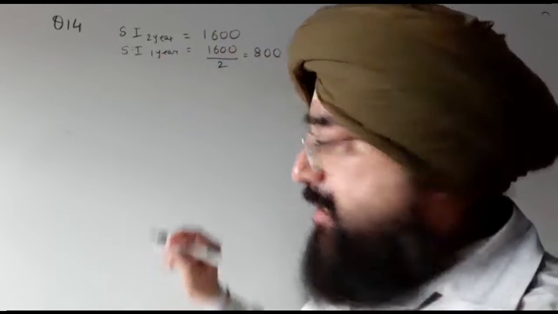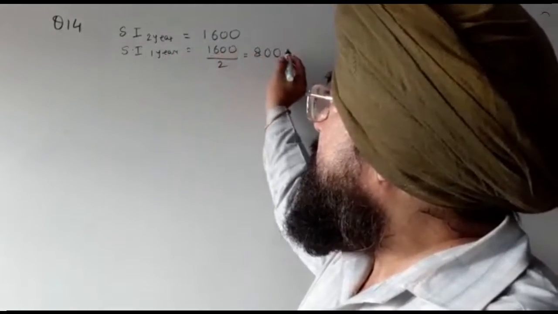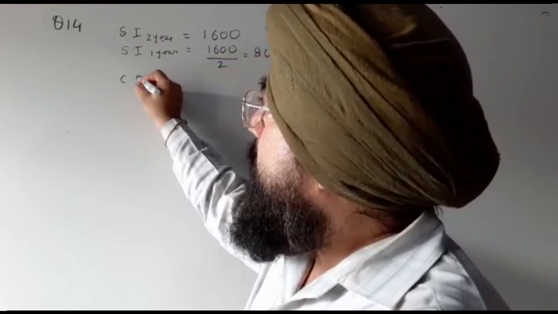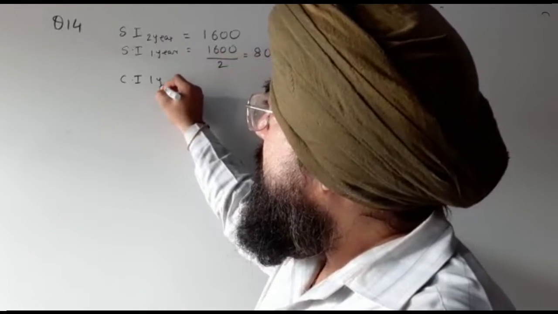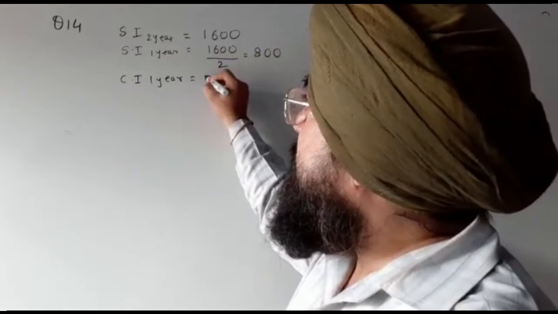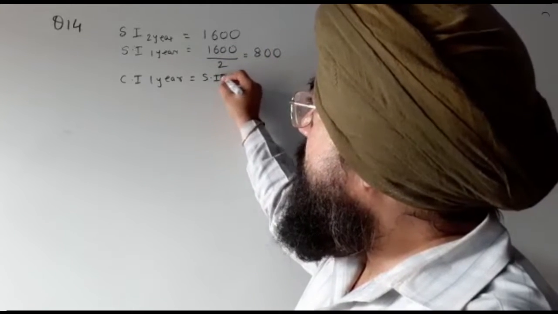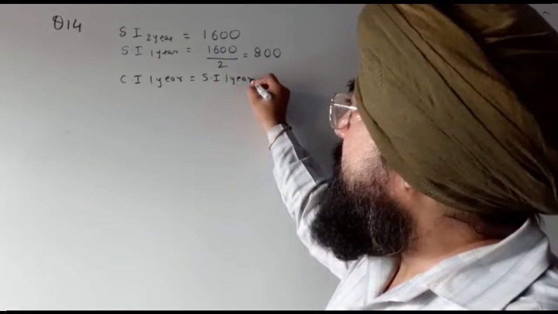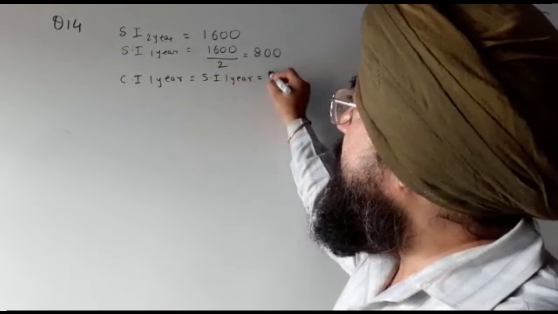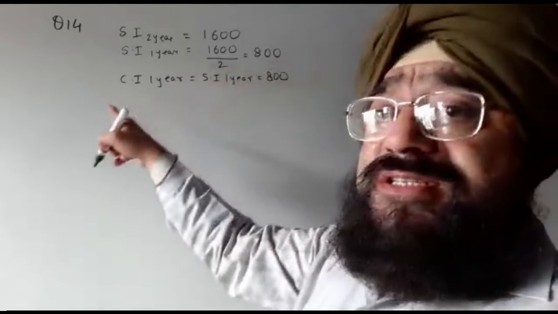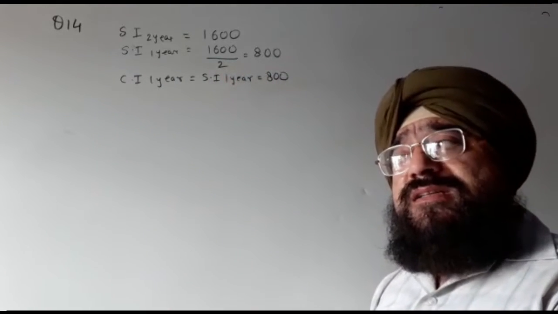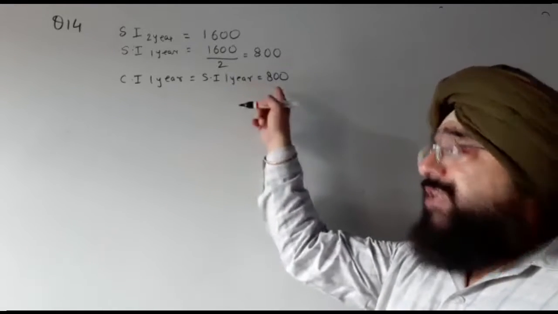Yes, sir. Then if simple interest for 1 year is this, therefore compound interest for 1 year will also be equal to this, that is simple interest for 1 year is same as compound interest of 1 year, and that is equal to 800. For first year, the simple interest is same as compound interest. So compound interest for 1 year is 800.